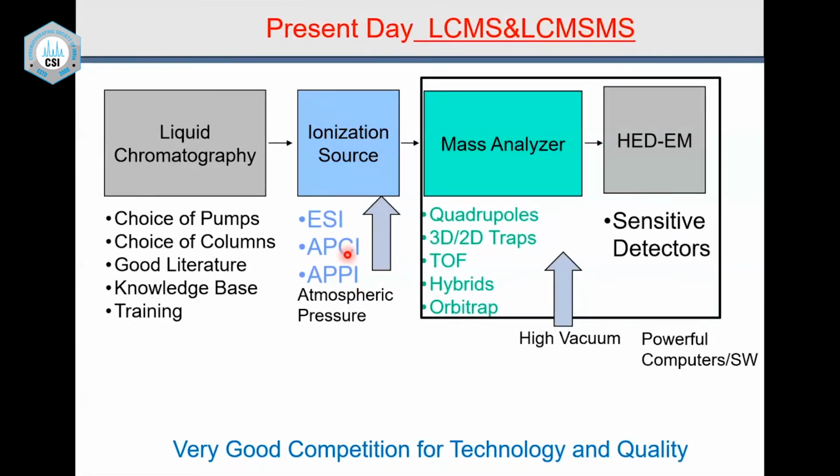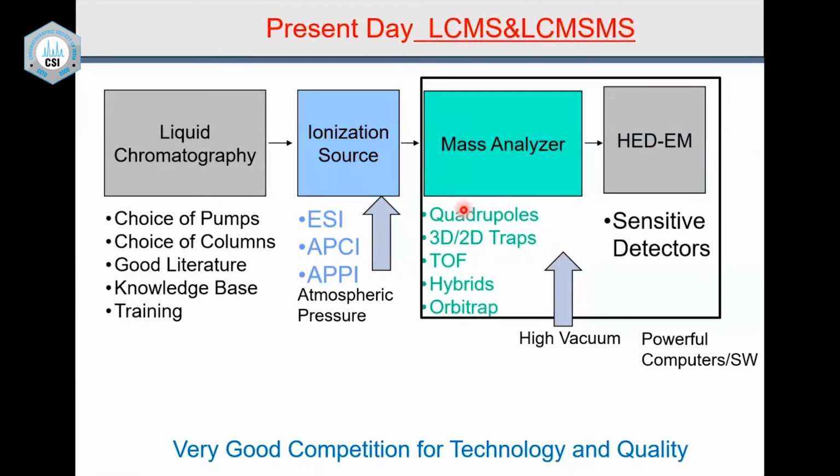Now, this slide is very interesting compared to the previous slide: the ionization source is outside the high vacuum system. In the high vacuum system, you have the mass analyzer, the quadrupoles, 3D and 2D traps, time of flight, all the hybrid mass spectrometers, and the Orbitrap, etc., that I will be talking about today.